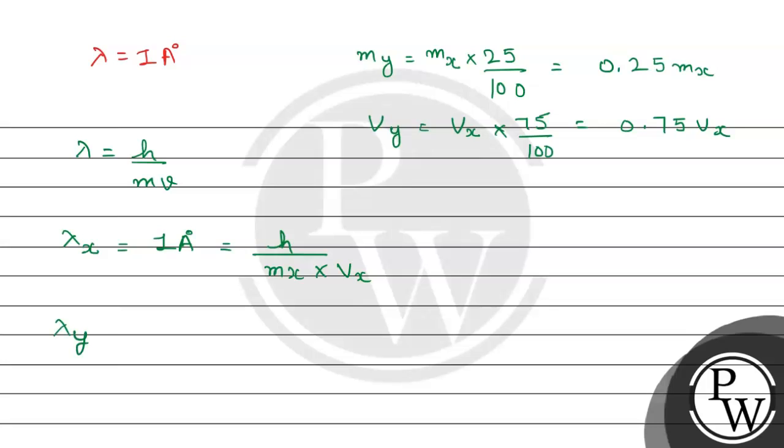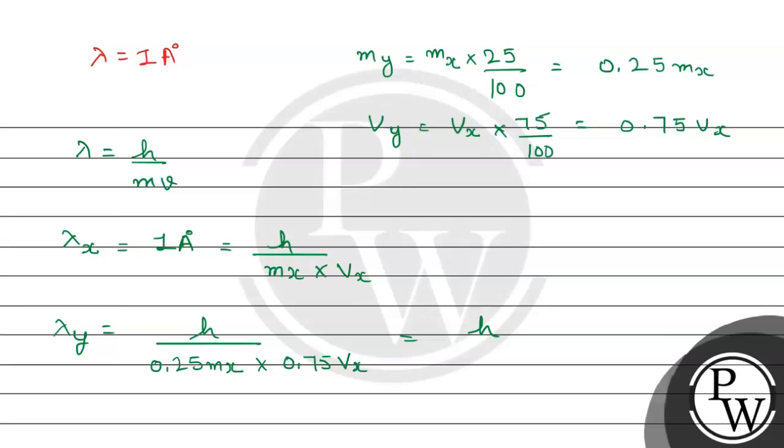And the same way हम y के लिए लिखेंगे. For the y particle it will be h over 0.25 mx multiplied to the 0.75 vx.